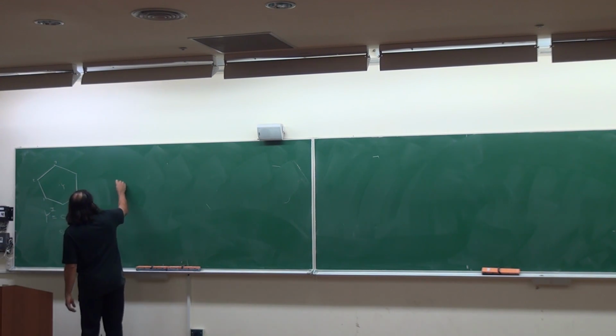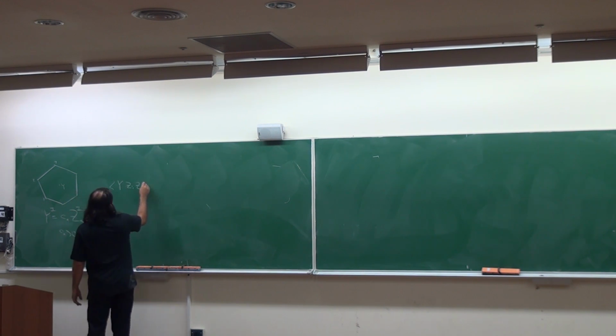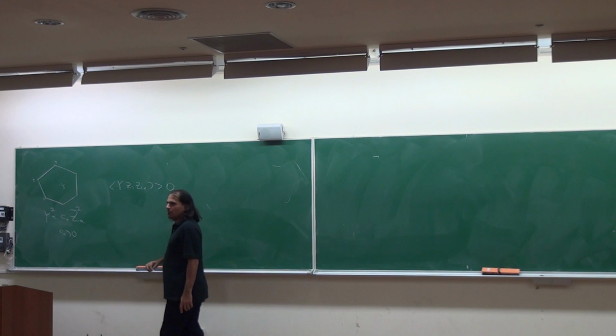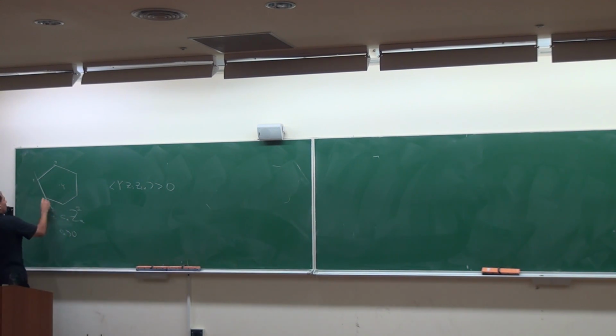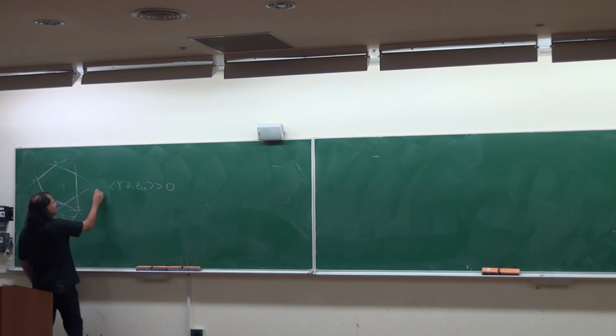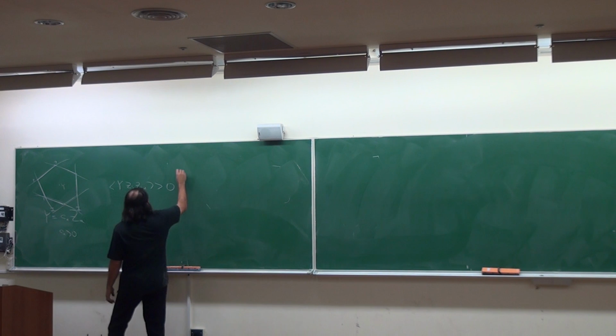I just say that y, zi, zi plus 1 are all positive. I just say that y is on the same side of all of these boundaries. So this is a second description.